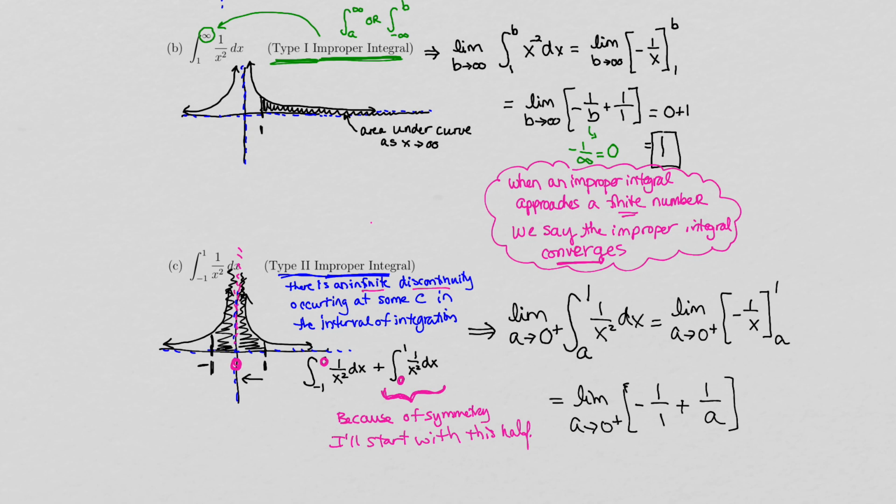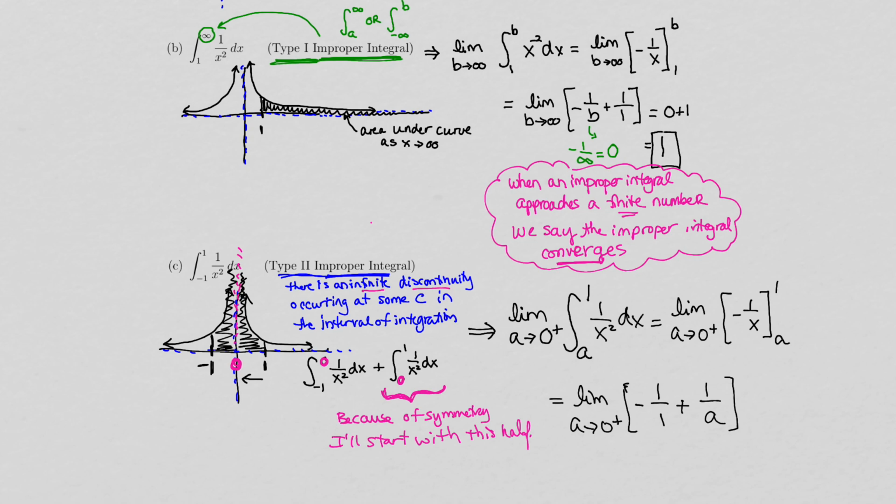Why? You can't divide by 0. You can't. But remember, we're taking a limit, right? You also can't divide by infinity.